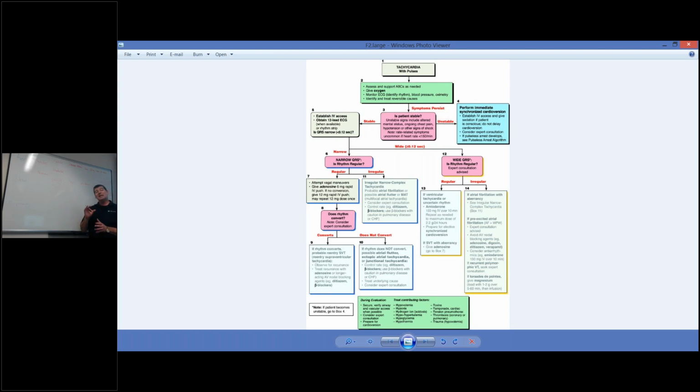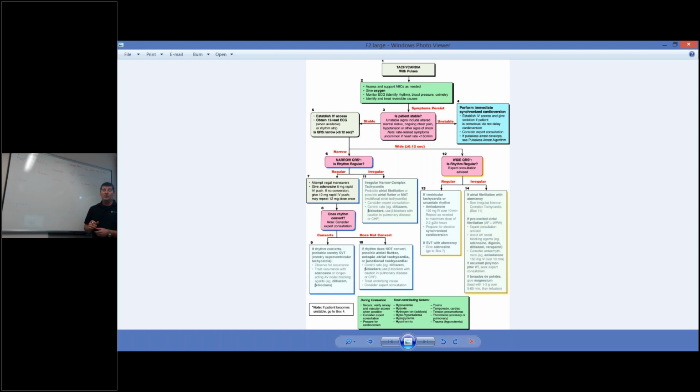Now, if my patient does not respond to my stable treatments, or if they become unstable, now what do I use? Obviously I've got to be fast, so I've got to use electricity. The form of electricity I'm going to use, because I've got 3 of them, is cardioversion. I'm going to immediately do stacked shocks and cardiovert my patient until they convert to another rhythm.